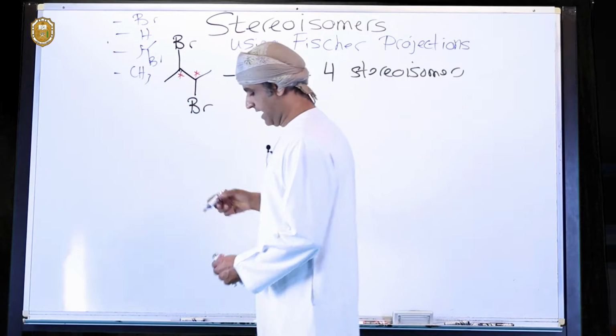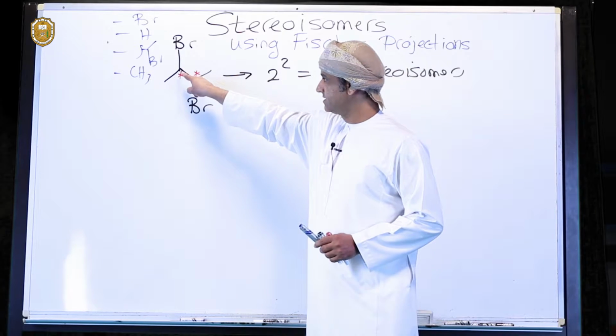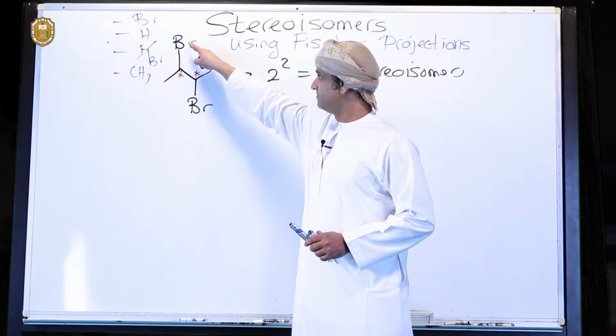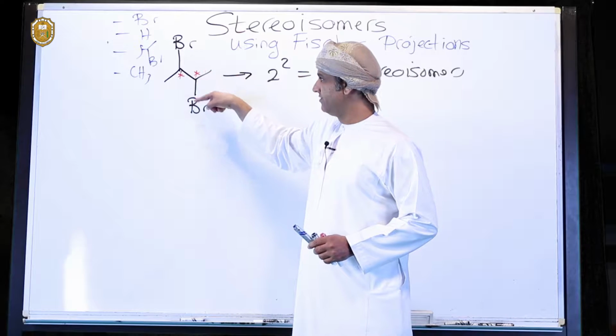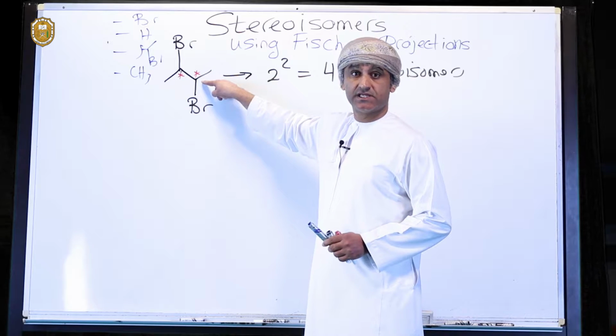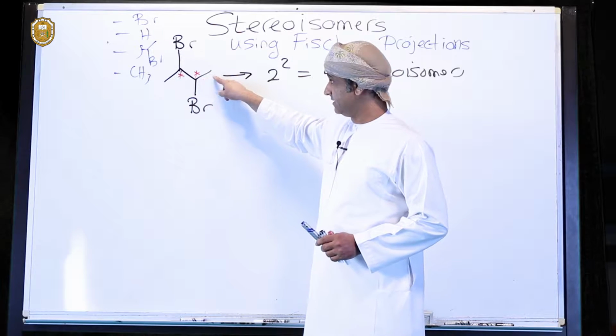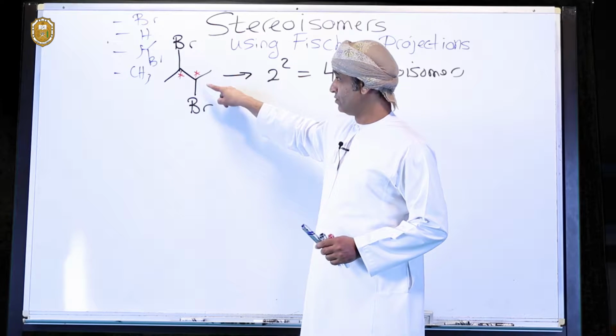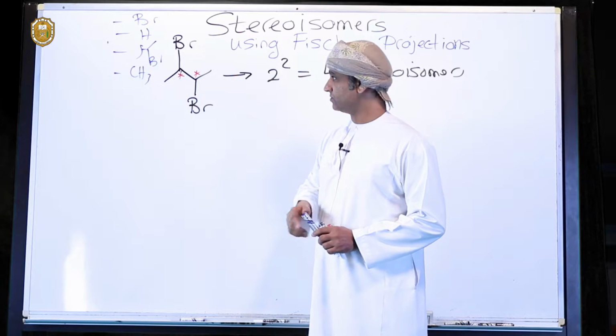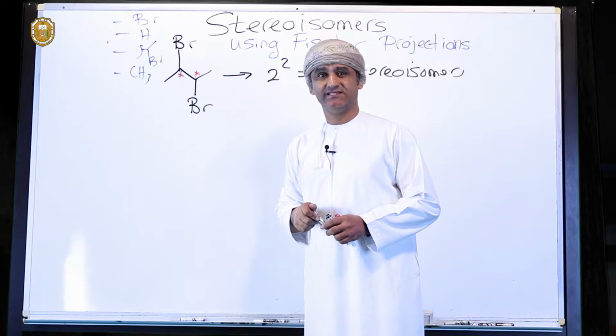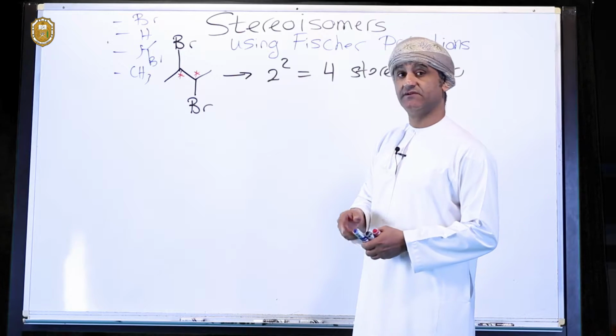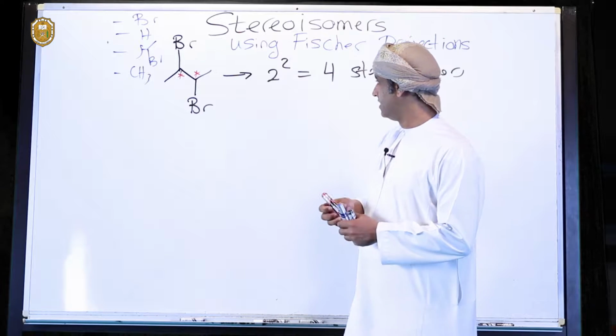If you look at stereo center number 2, for example, it has Br, hydrogen, methyl, and this group. This stereo center likewise has a methyl group, a bromo group, a hydrogen, and the bromoethyl group. So these two stereo centers are identically substituted. This is very, very important to note.